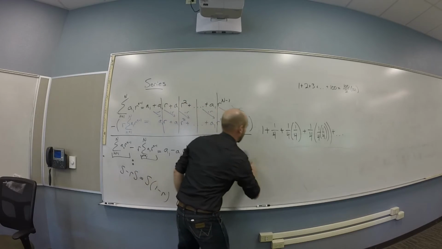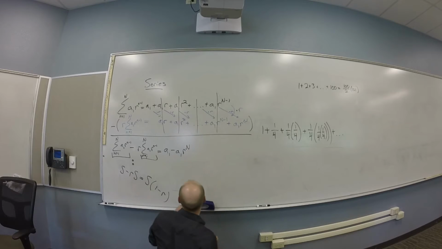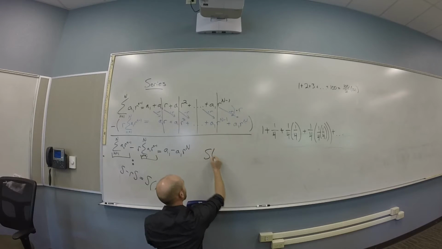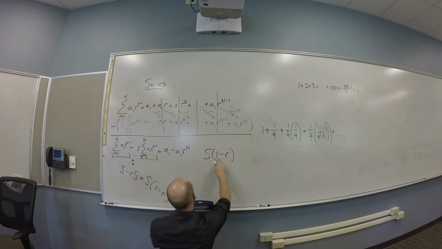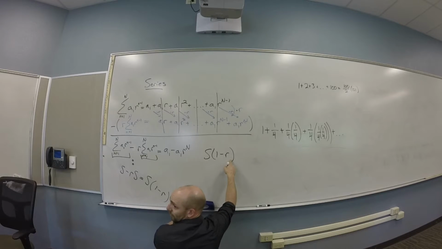How did you get the 1 minus r? I factored an S out. If I distribute an S back in, I get S minus rS.